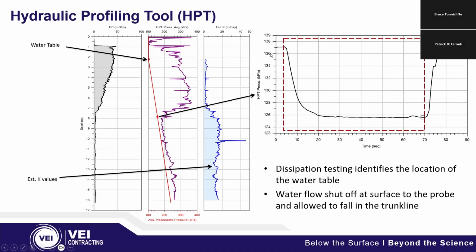We shut off the flow of water at surface, and we were able to then measure how quickly does that water within the trunk line of that HPT tool come down and equilibrate with the formation pressure. Once that's done, we're able to then spot the water table. We say this is where our piezometric pressure is, and the software does the rest, calculates the estimated K and our water table depth.